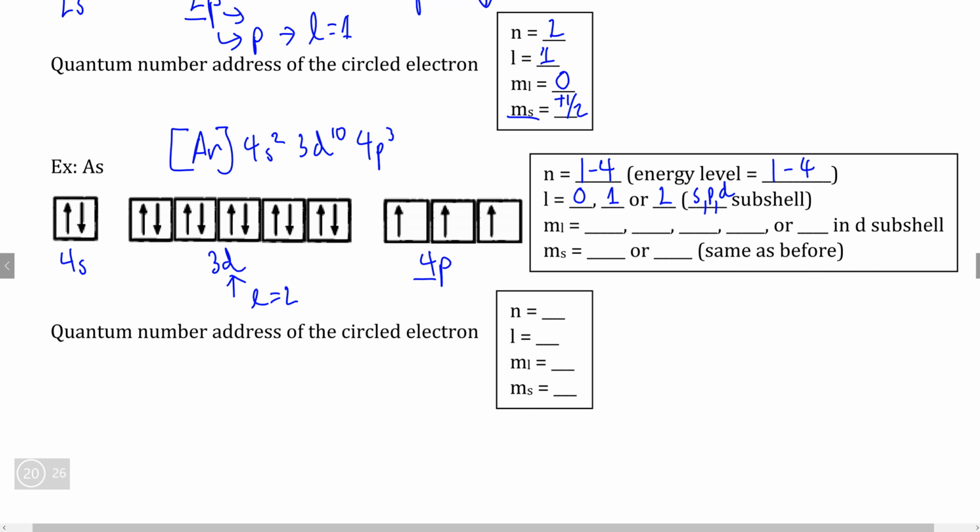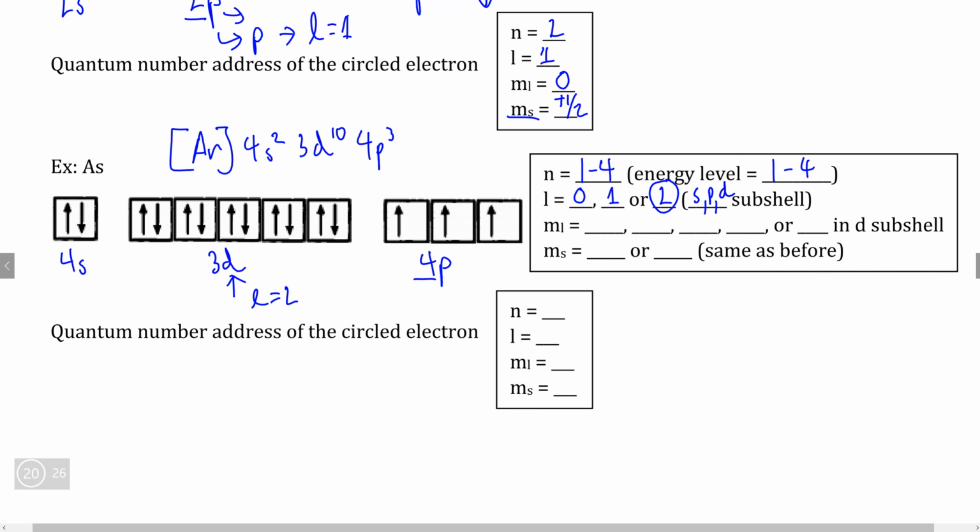Now, if we analyze what the magnetic quantum numbers can be in a d subshell, remember that m sub l can be any integer between -l and +l. We know for a d subshell that l equals 2.